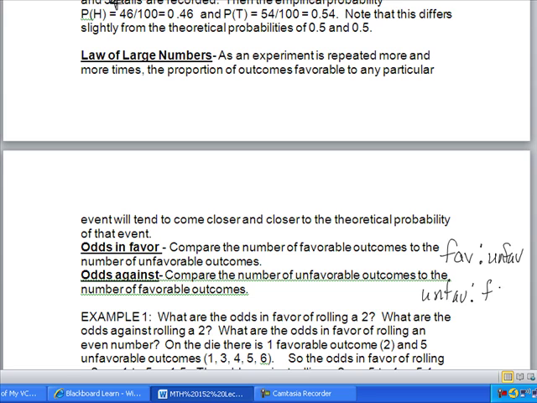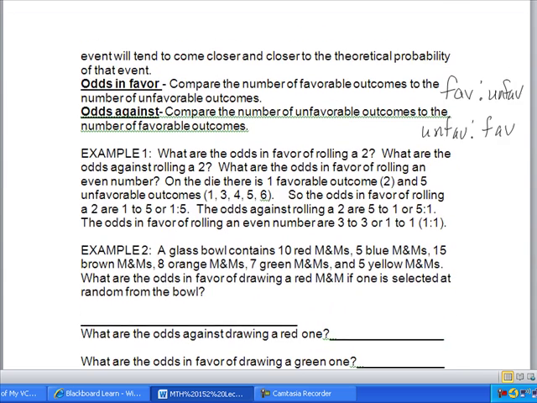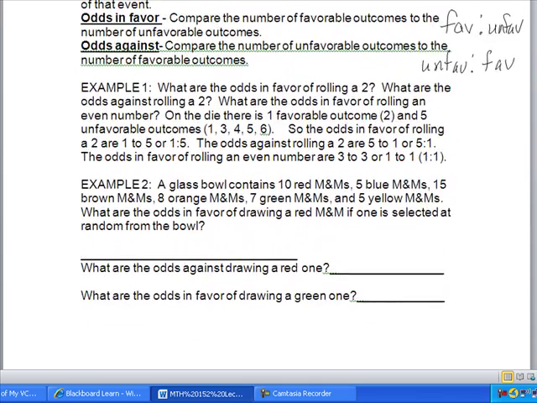Textbooks have all kinds of ways to explain this and use all kinds of fancy formulas. I find the easiest way to do it is think exactly the way I've written these: favorable to unfavorable and unfavorable to favorable.